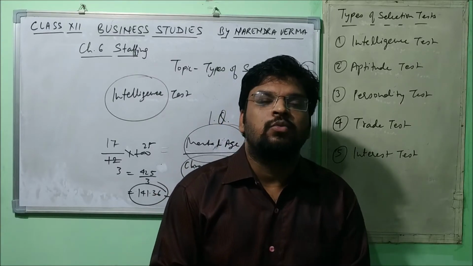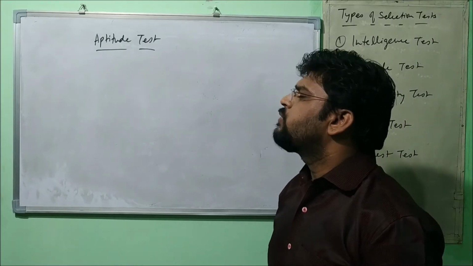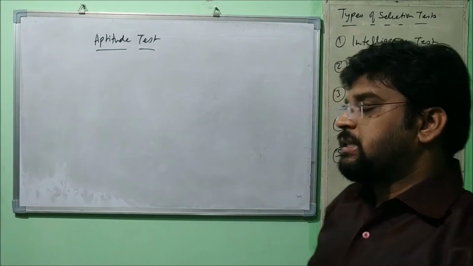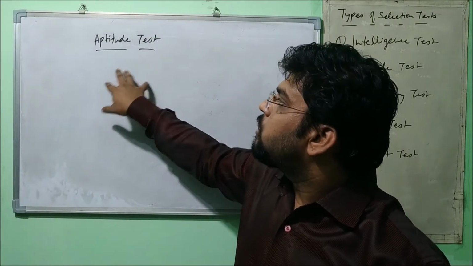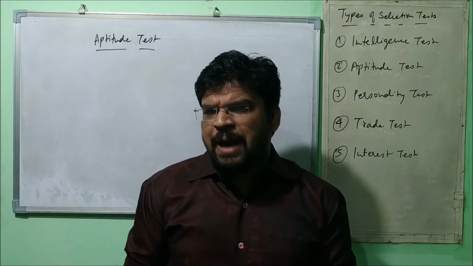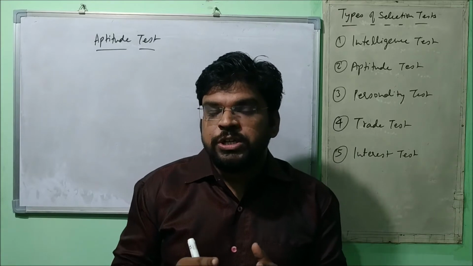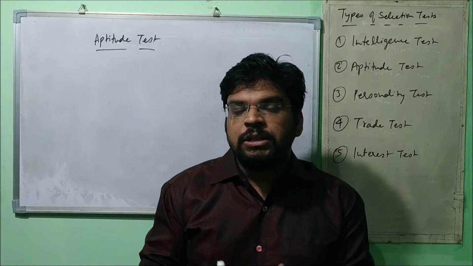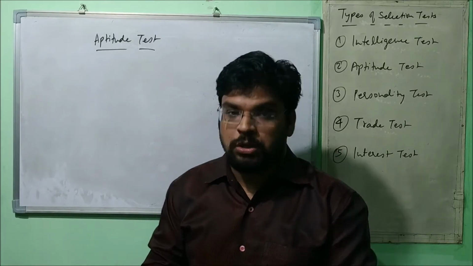Now let's move on to the second type of test. The second type of selection test is the aptitude test. Actually this word is made of two words, apperception plus attitude, that becomes aptitude. So what is this aptitude? This test is conducted to determine whether the candidate has the potential to learn new skills or not.